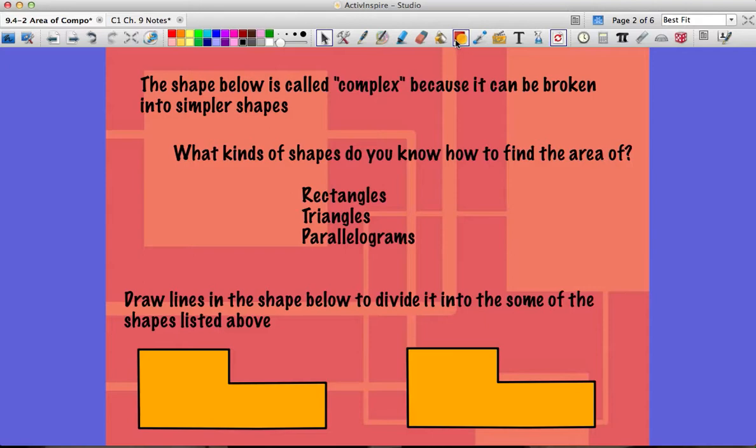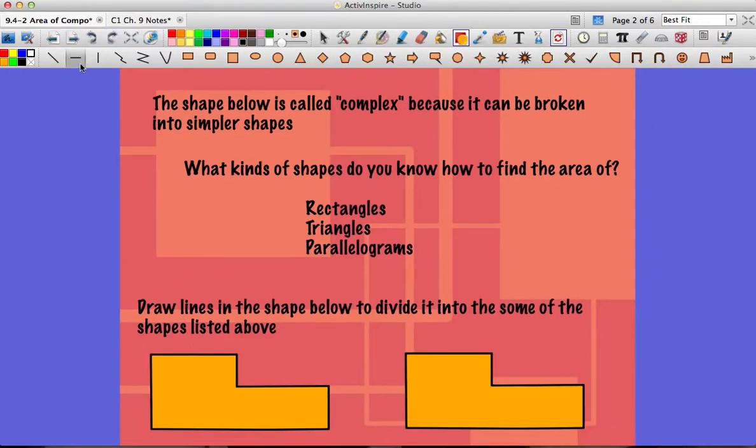So when we do this, there's two different ways that you can split this shape. We could start here and go across and go from vertex to side and make our own vertex. That's okay. Or go vertex to side this way and make another vertex.